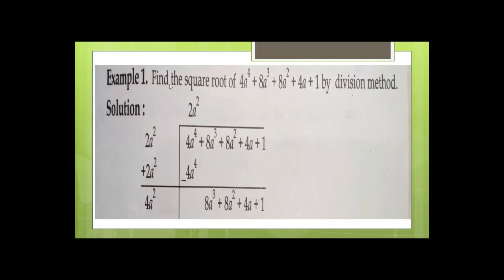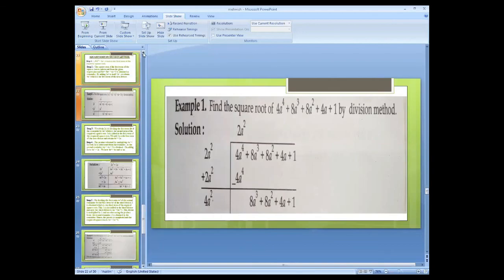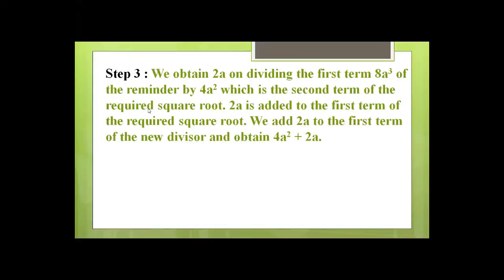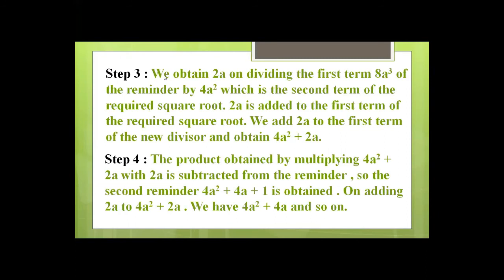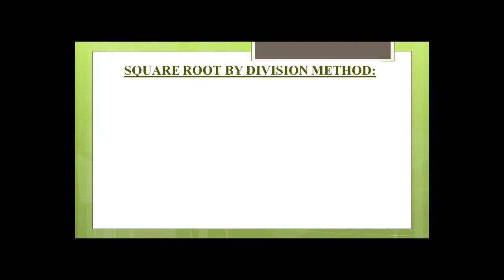Now this is the example: find the square root of 4a4 plus 8a cube plus 8a square plus 4a plus 1. So what you have to do is simplify this. Now I am going to discuss the steps of the question, meaning how you will solve it.